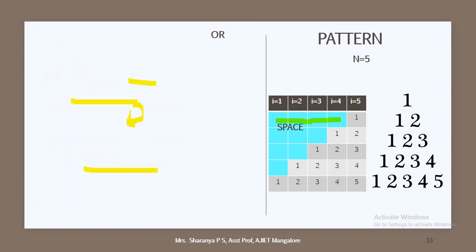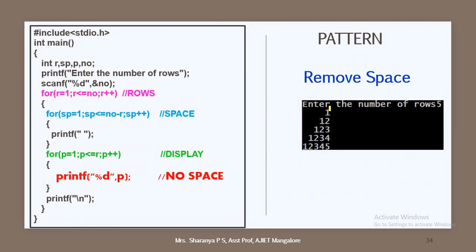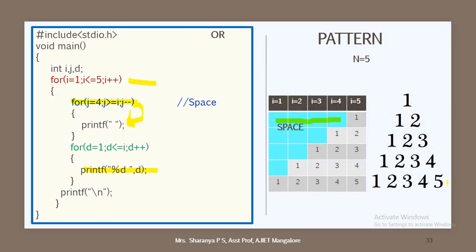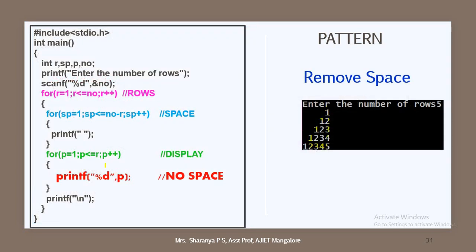Suppose we remove the space between them, then we end up with a pattern like this. The content is the same, but there is no space between them, which we achieved by removing the space in the innermost for loop.